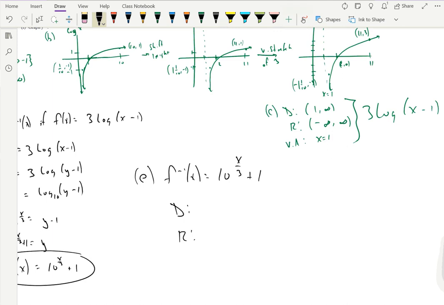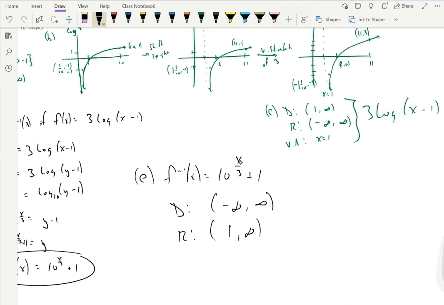Well, in this scenario, what we can see is that if our domain was 1 to infinity, now our range in the inverse, or this other function, must be 1 to infinity. And whatever our range is now becomes our domain. So we can take 10 to any power that we want.